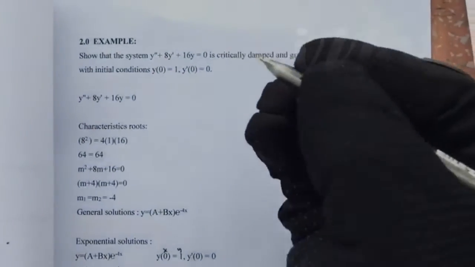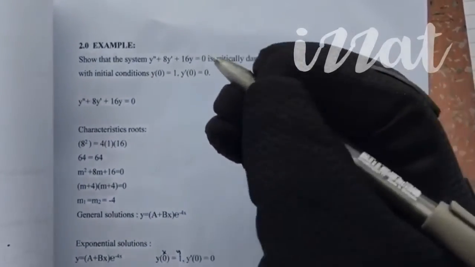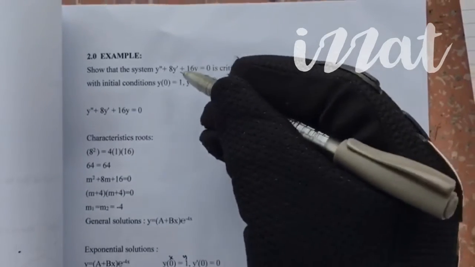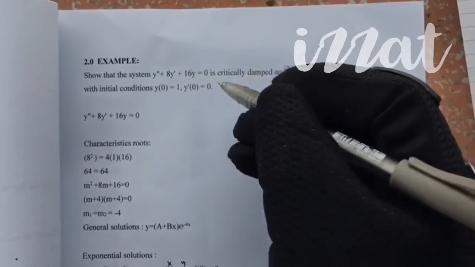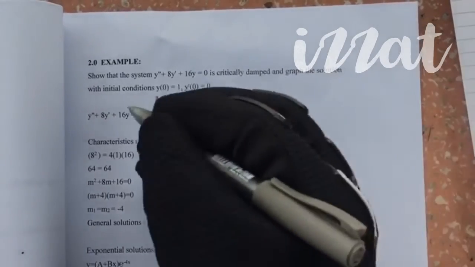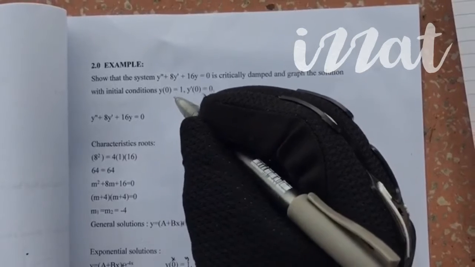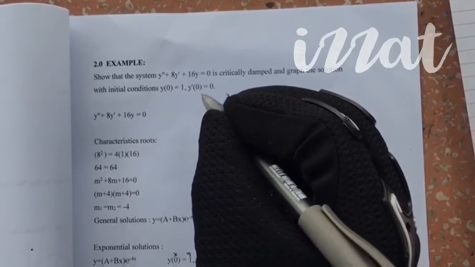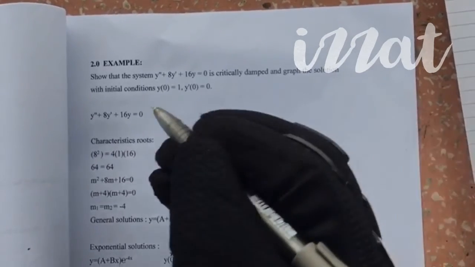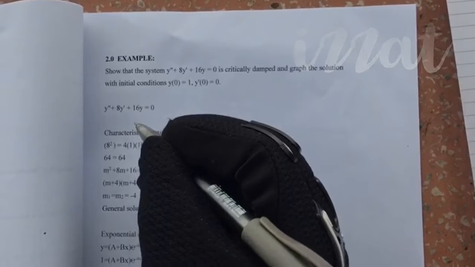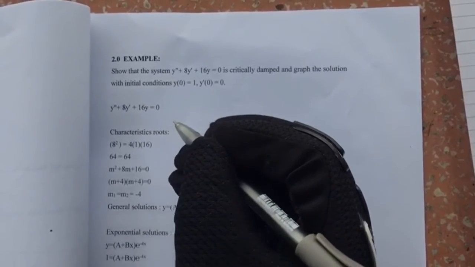Okay, now we will proceed to the example. The question is, show that the system y double prime plus 8y prime plus 16y equals 0 is critically damped, and graph the solution with initial conditions y(0) equals 1, y prime(0) equals 0.